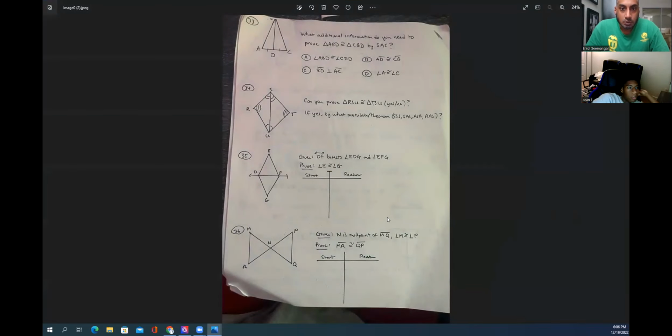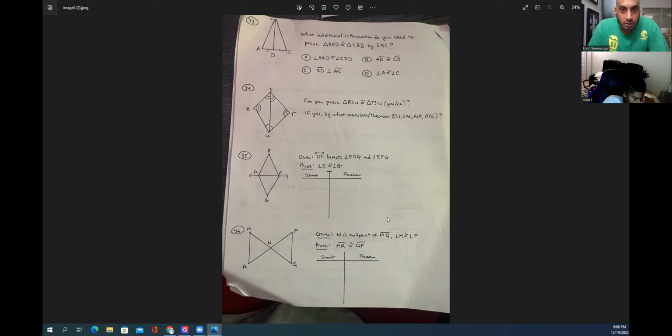This one. What additional information do you need to prove that that is congruent to that by SAS? Okay, so ABC. Side angle side, right? Yeah. Side angle side. So what do we know here?